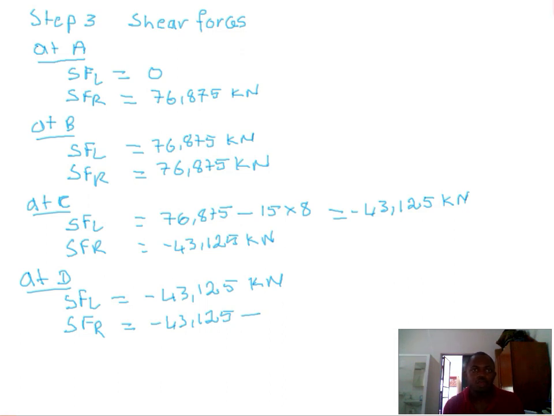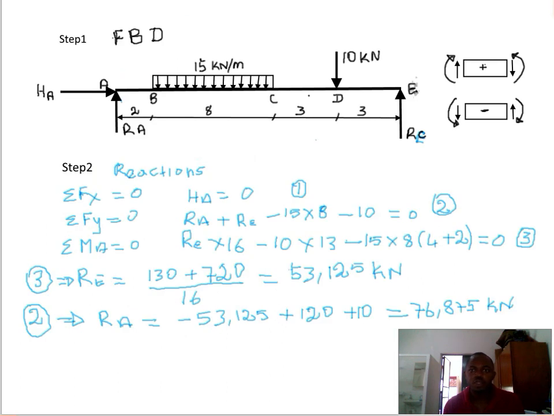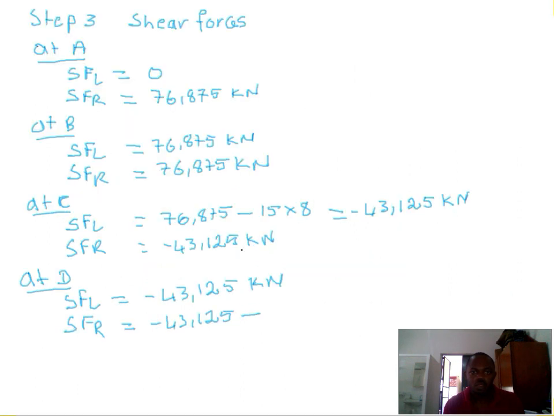Remember, 10 is the point load at D, because we're crossing the point load at D, so that's why it is minus 10.